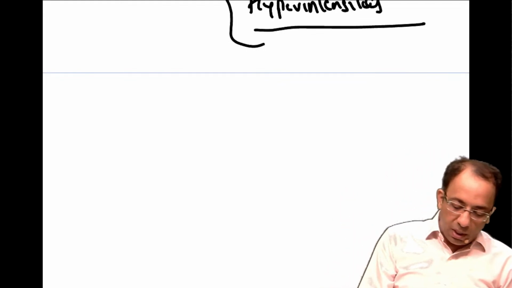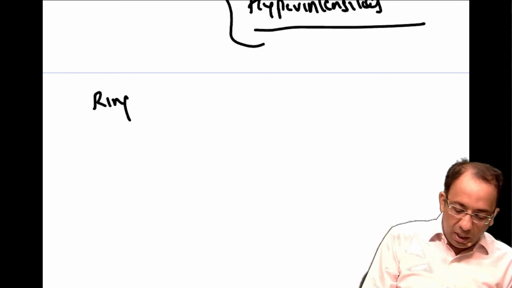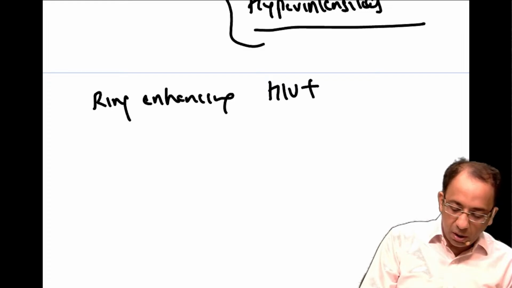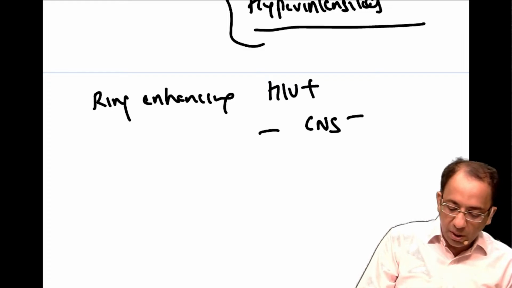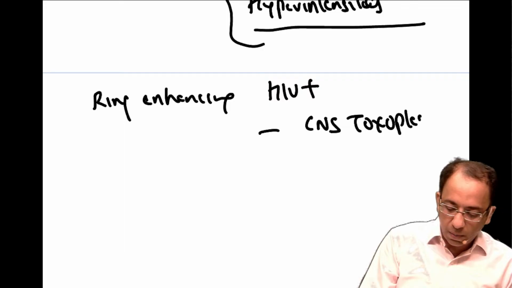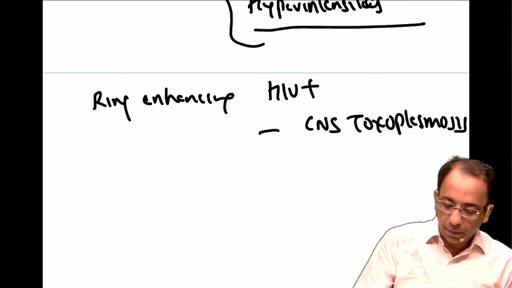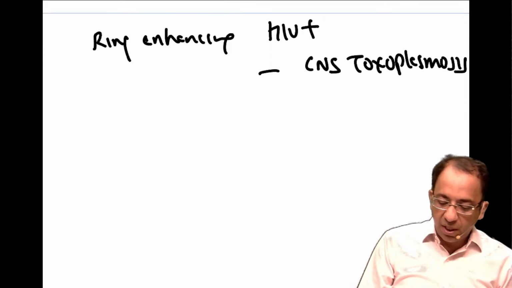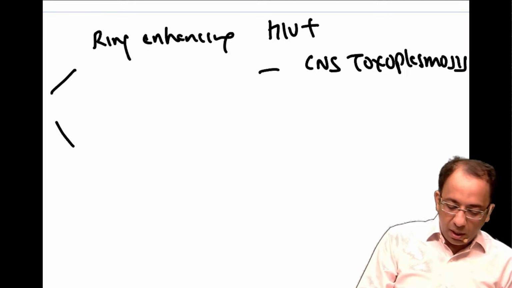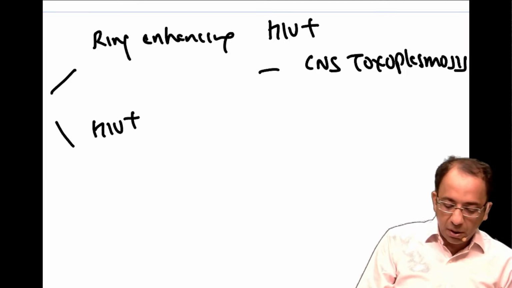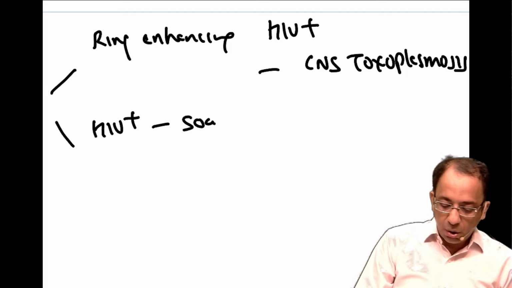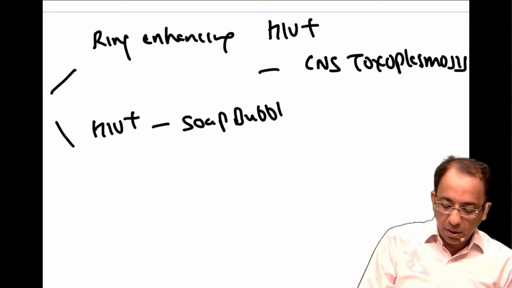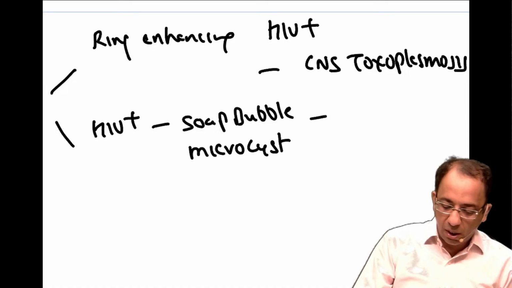If they say ring enhancing lesion in HIV positive patient, most likely answer will be CNS toxoplasmosis. Okay. But if they say a HIV positive patient has soap bubble like appearance, soap bubble like microcysts in the basal ganglia, what will you suspect?